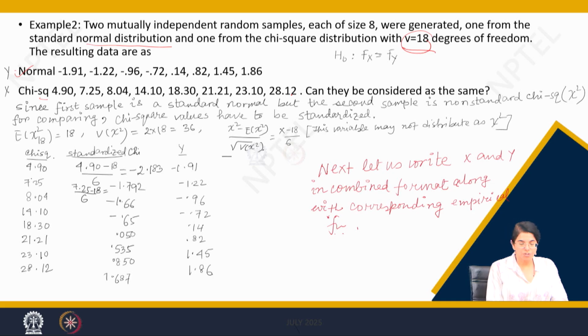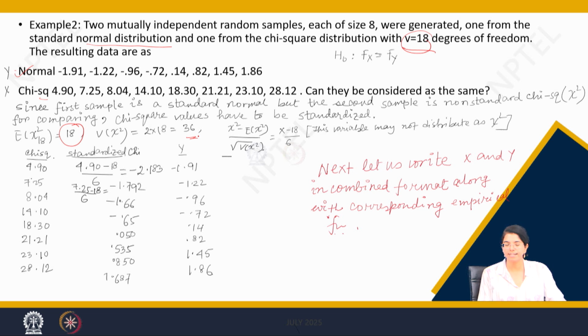What is the expectation of chi-square with degrees of freedom 18? That is 18 itself. The variance of chi-square is 2 into n, where n is the degrees of freedom, here 18. So 2 into 18 is equal to 36.